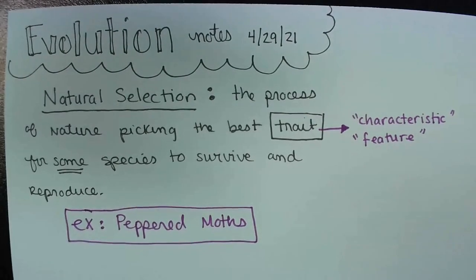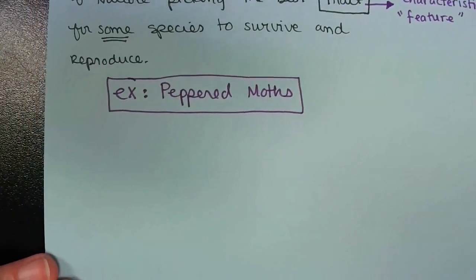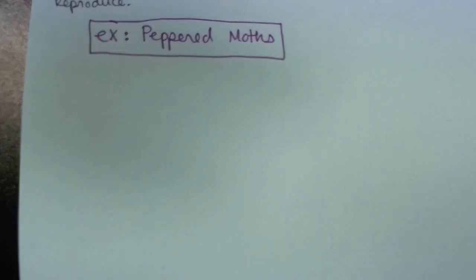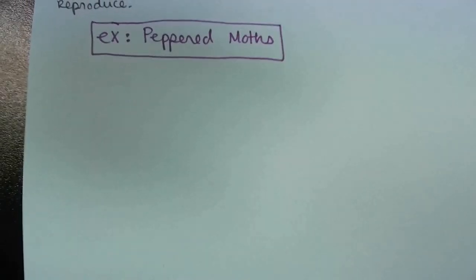Peppered moths. My little notes up here. Okay, so peppered moths are these moths that are peppered. No, they tend to be kind of grayish white, or they tend to be very, very dark black in color.